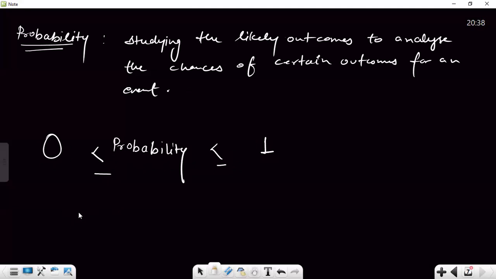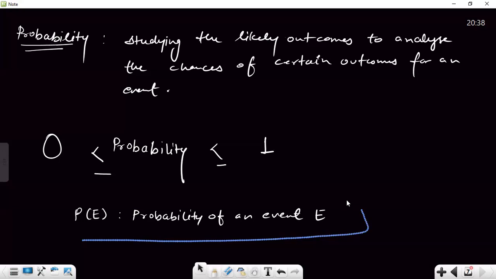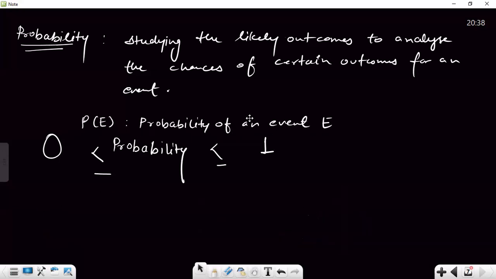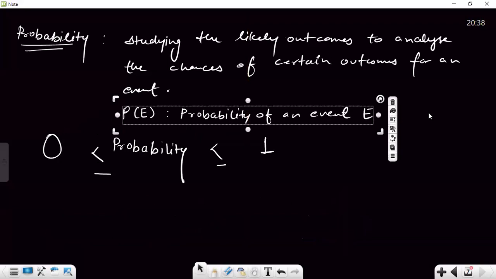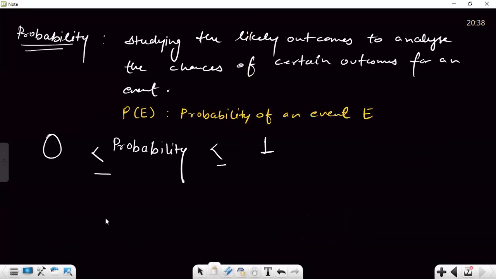When we say probability is 0, I'm going to write P(E) for probability of an event E. So when I write P(E) is 0, that means it is an impossible event.